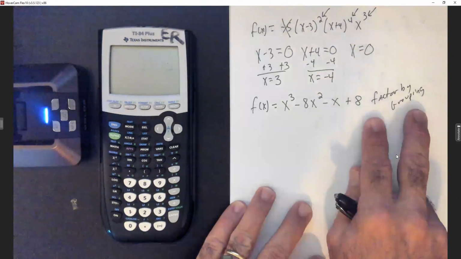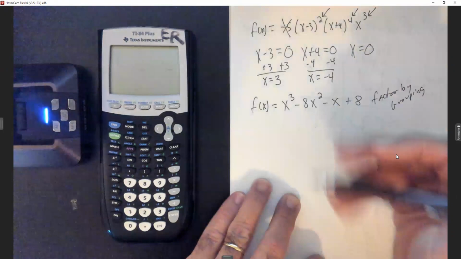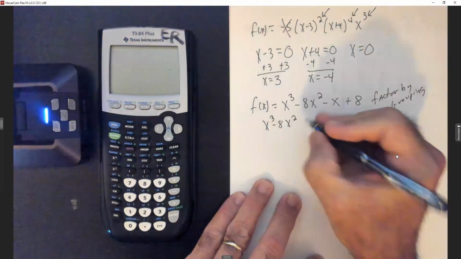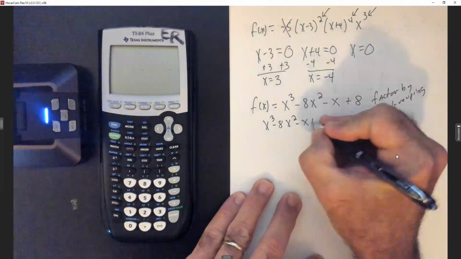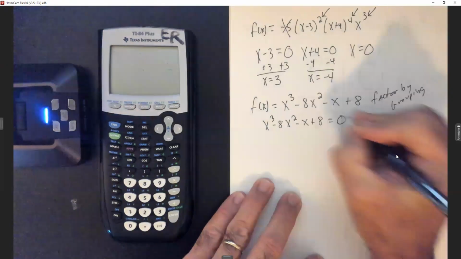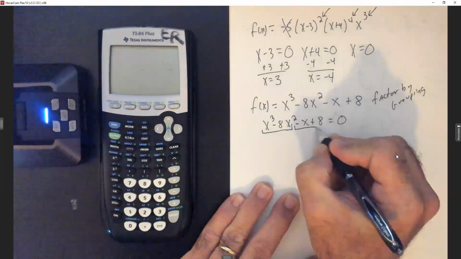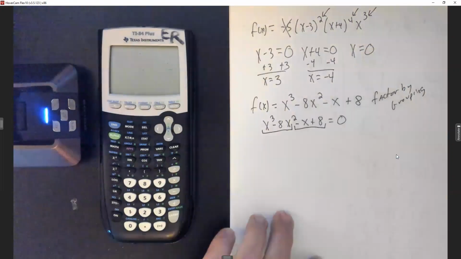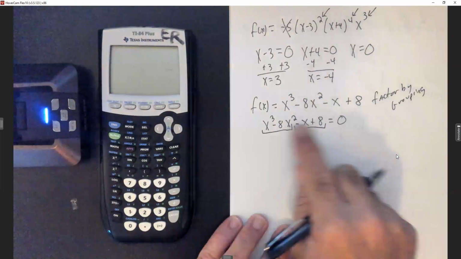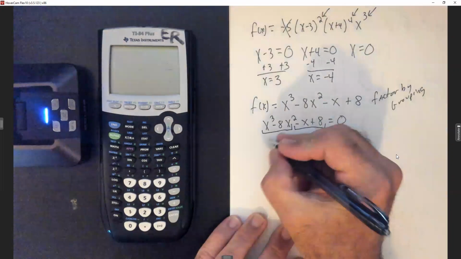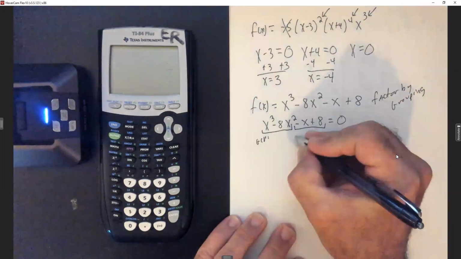So by grouping, you're going to set this whole thing equal to 0. You take the first 2 terms and group together, and then the last 2 terms and group together. And you find GCFs of each of those and you factor them out. So the first GCF and then the second GCF.